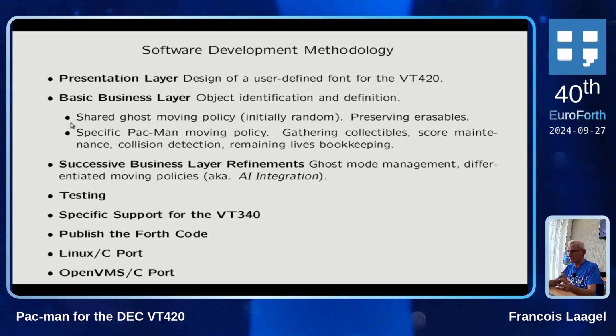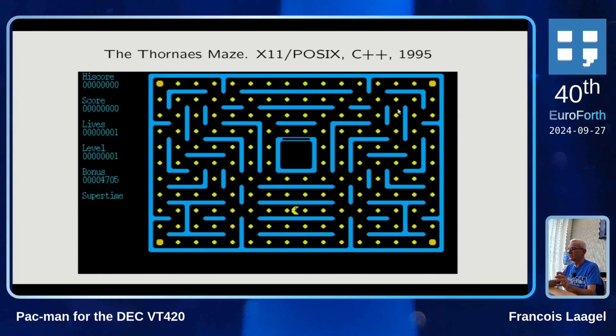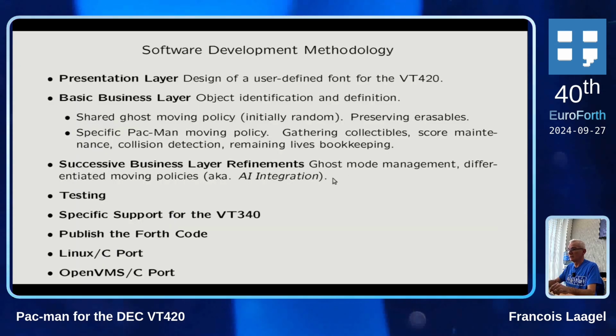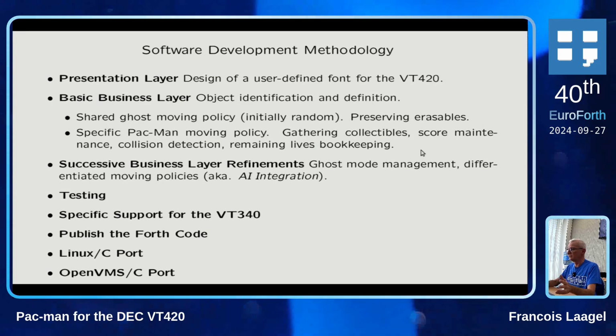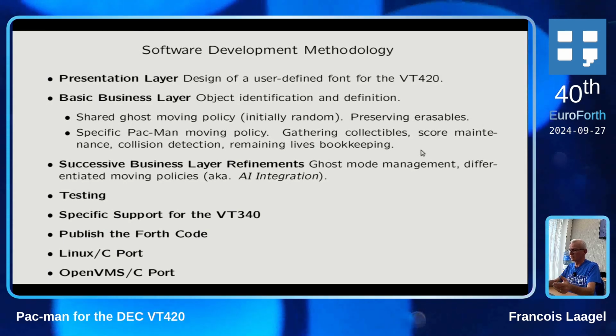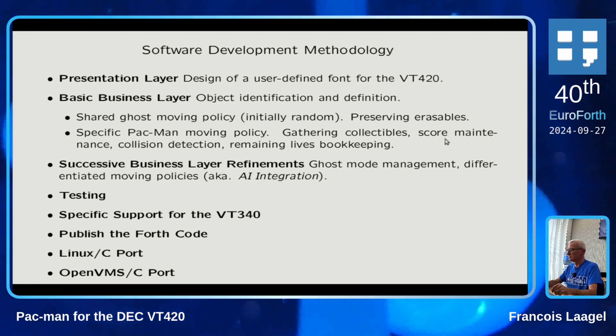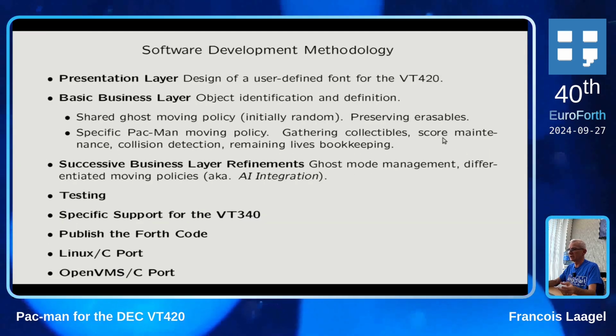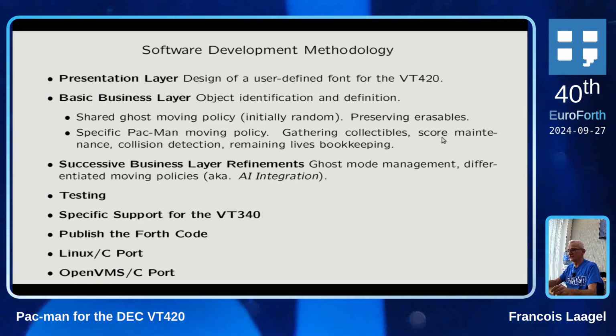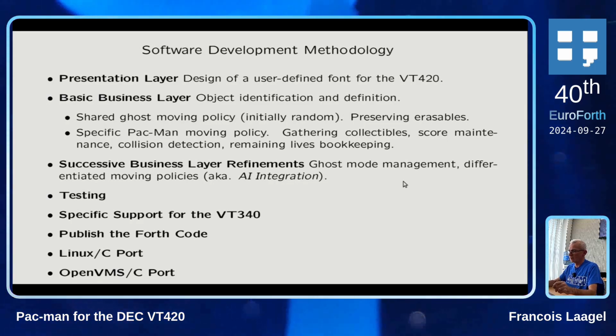The ghosts have to preserve those collectible items here, obviously, when they move. On the other hand, Pac-Man's policy is to gather those, and the game has to maintain the score, detect collisions, keep track of remaining lives. After that, I implemented what is called AI integration.